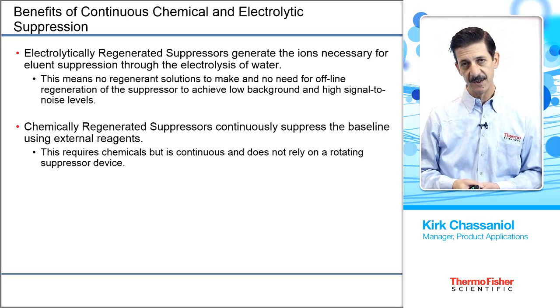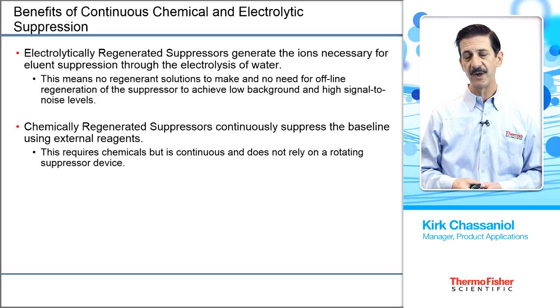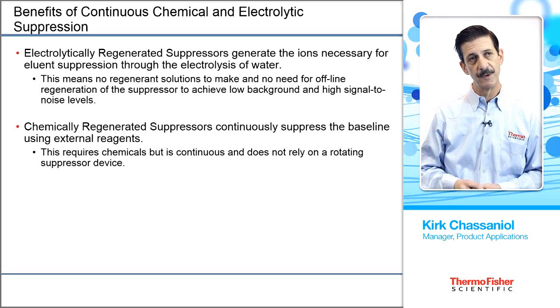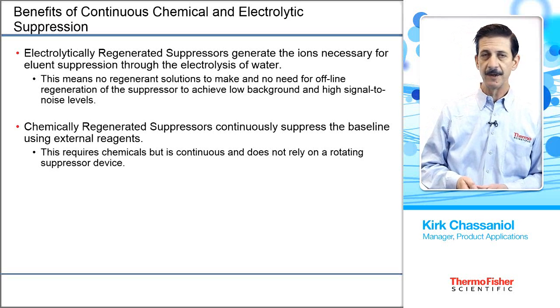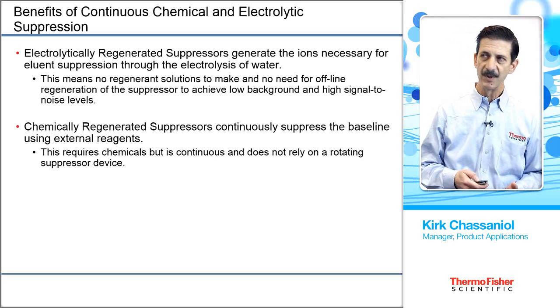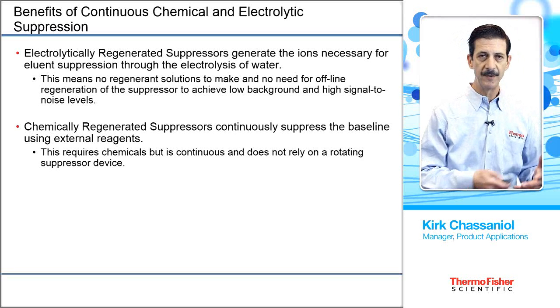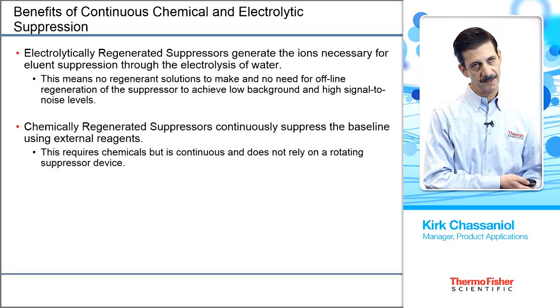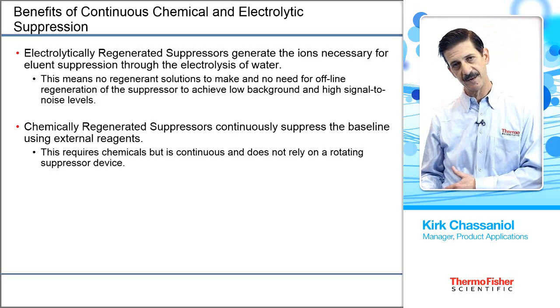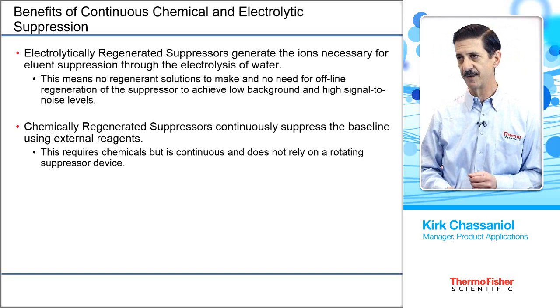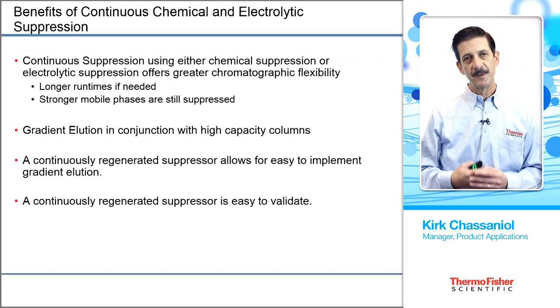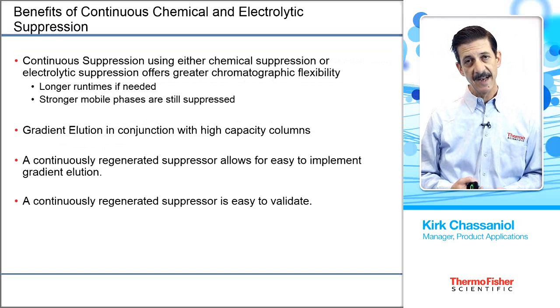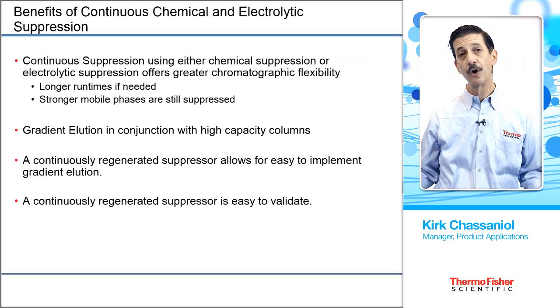Some of the drawbacks that we experienced with suppression was first invented over 30 years ago. So the form of suppression is continuous in both cases, and whether our source of hydronium is sulfuric acid or the electrolysis of water, it's still a continuous form of suppression. So continuous suppression allows me to have longer run times.